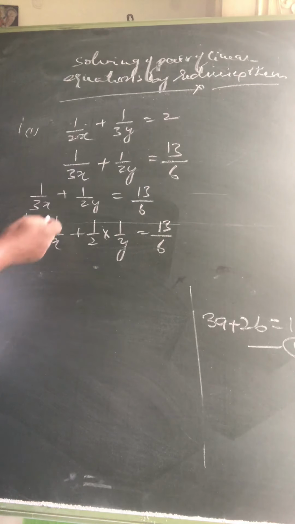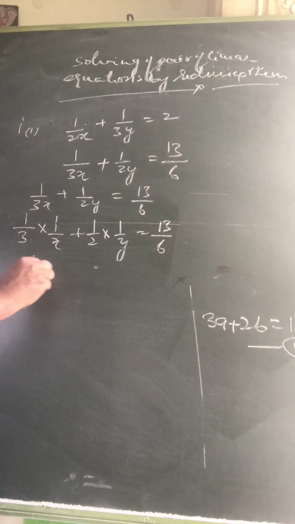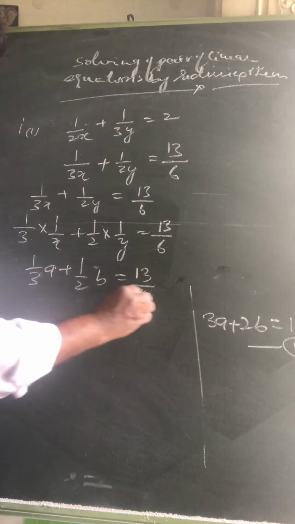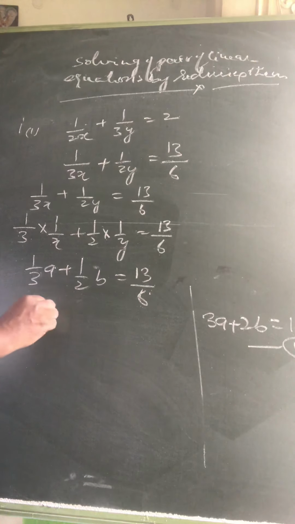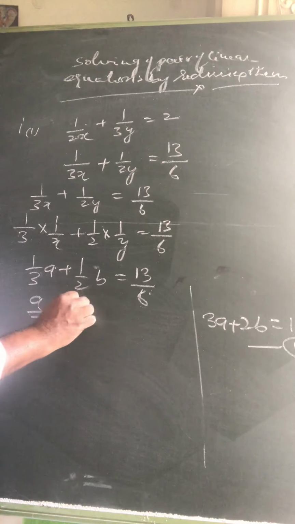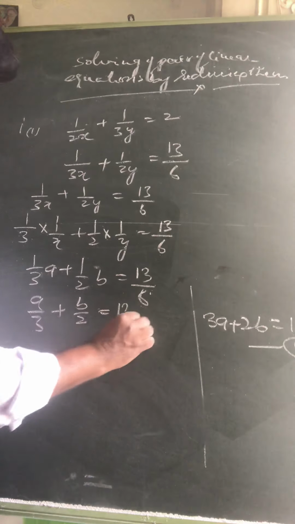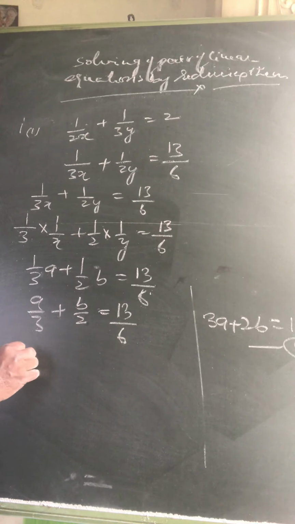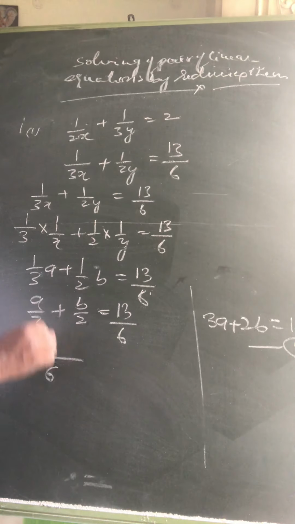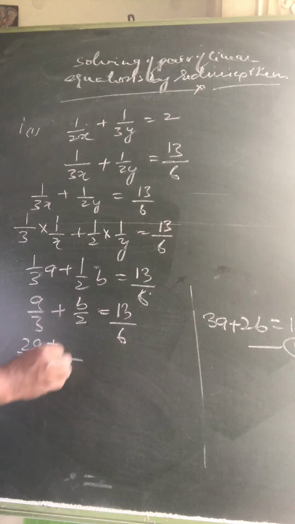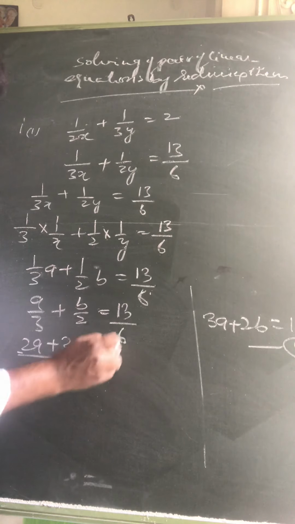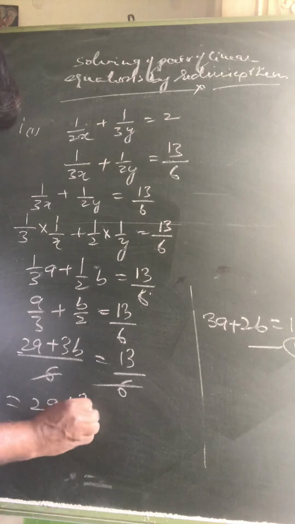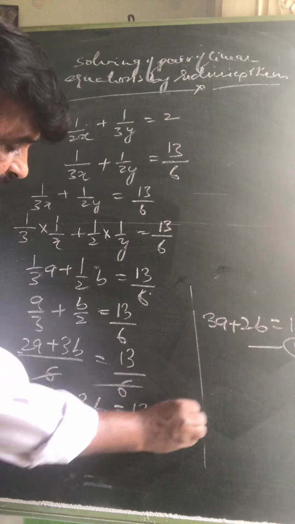Denoting 1 by x as a and 1 by y as b, we get a by 3 plus b by 2 is equal to 13 by 6. Take the LCM, 6: 2a plus 3b is equal to 13 by 6. The 6 cancels, so 2a plus 3b is equal to 13. This is the second equation.